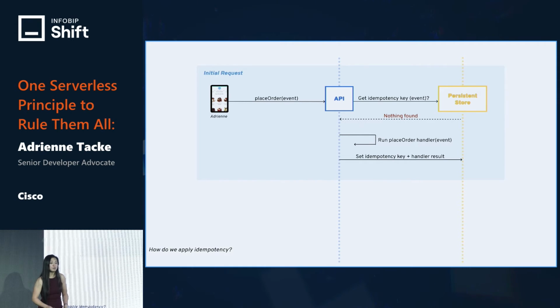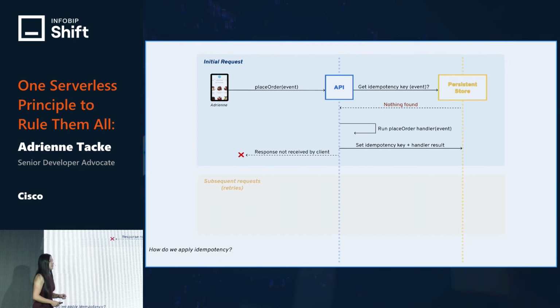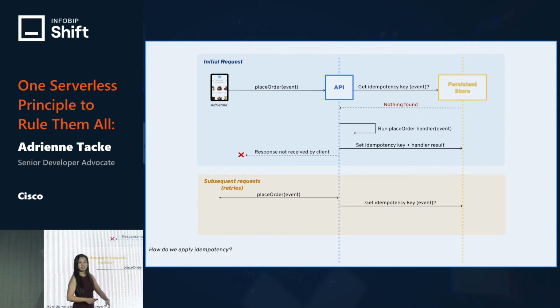And this is important because let's say that same workflow happened before, that same error happened when I exited the tunnel and there was no response received by the client. Well, now every subsequent request that is going to happen, let's say it goes through again, whether it's me placing it or the auto retry behavior that's been put in, we'll place the order in the event, we'll get the idempotency key in the event, and we'll check our persistent store, and it's going to say, hey, this actually exists.